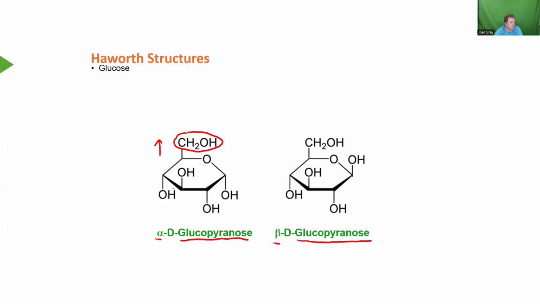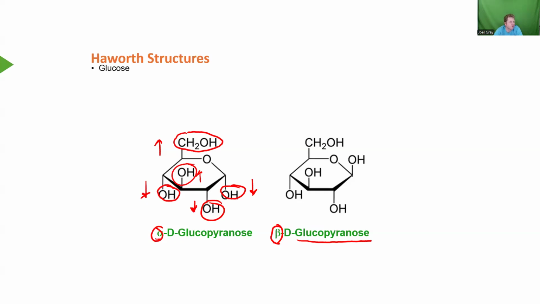Then if I find this OH group, it's pointed down. This OH group is pointed up. This is down. And then this last one is also pointed down. Now, I want to identify which OH group gives me the designation alpha as opposed to beta.